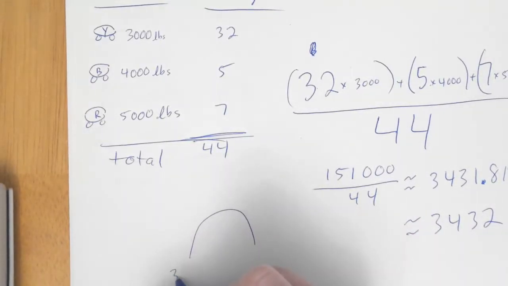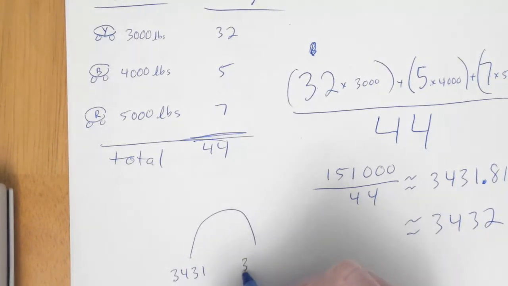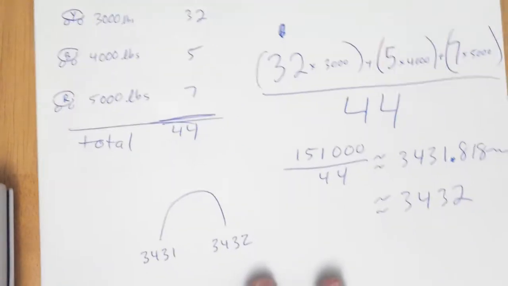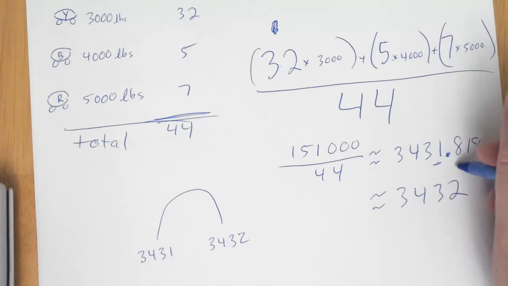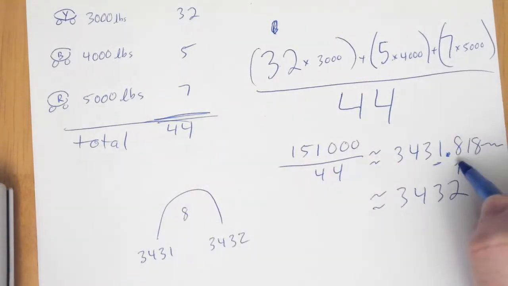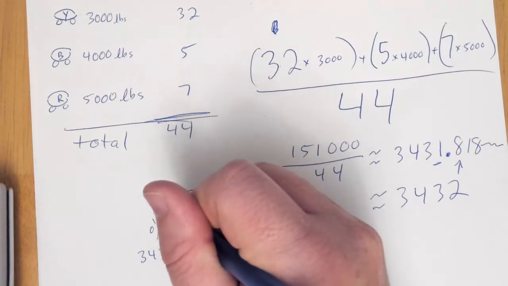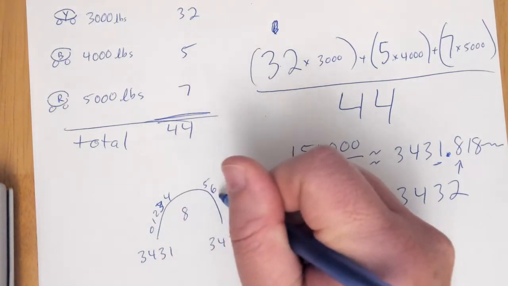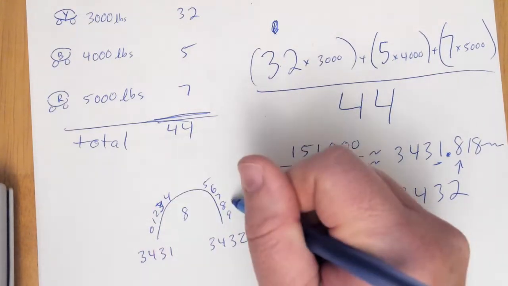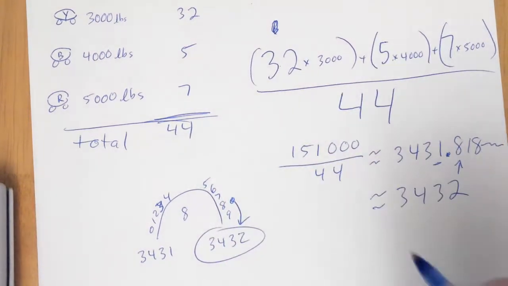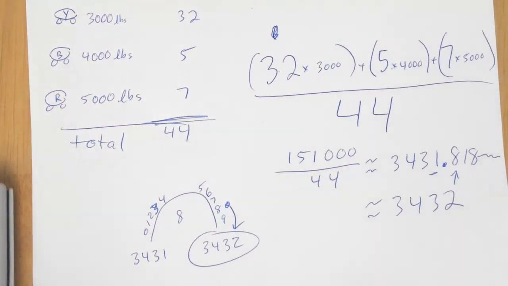So we had to decide between 3431 or 3432. The 8 afterwards makes the decision: 0, 1, 2, 3, 4, because I can count. If I drop it at the 8, it would roll to the next number. And that's our answer.